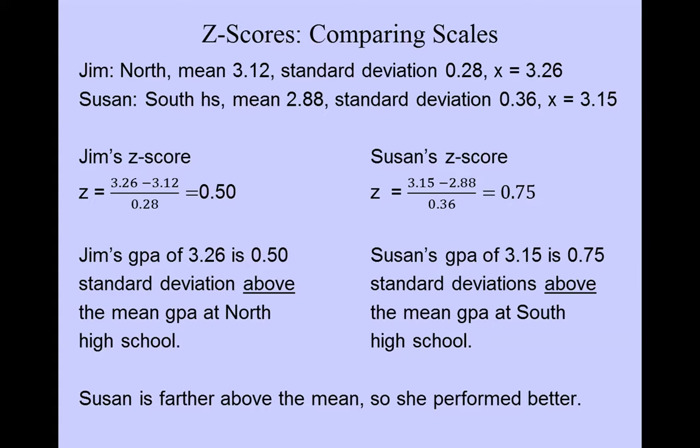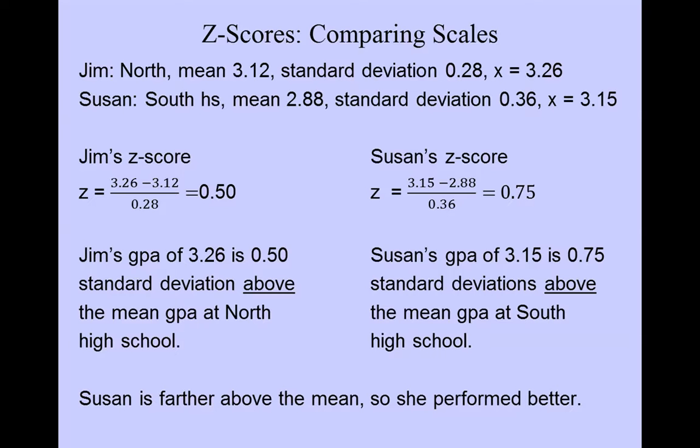Jim's z-score is found as 3.26 minus 3.12, which gives 0.14, which is divided by 0.28 to give 0.50, or 1/2. Susan's z-score is 3.15 minus 2.88, which gives 0.27, which is then divided by 0.36 to give 0.75.